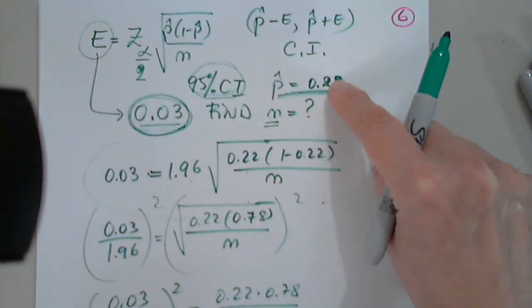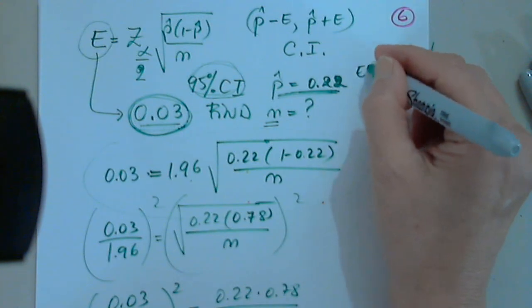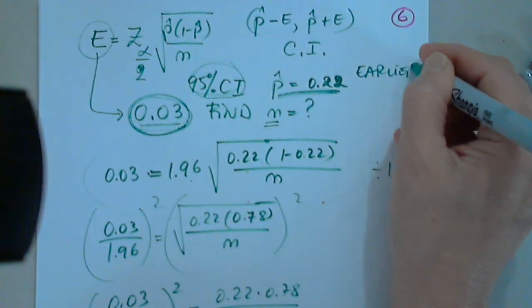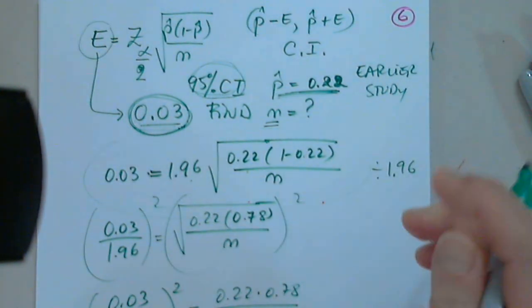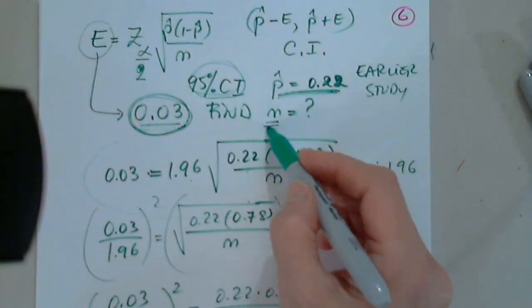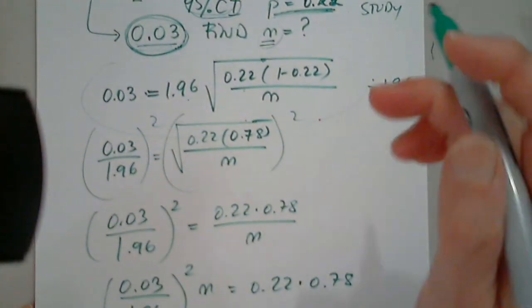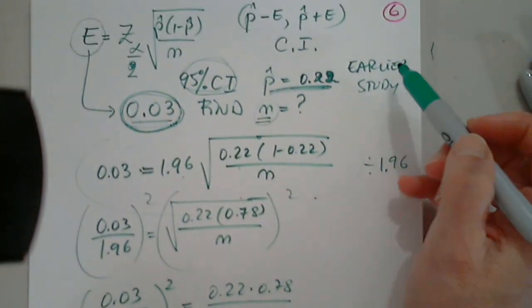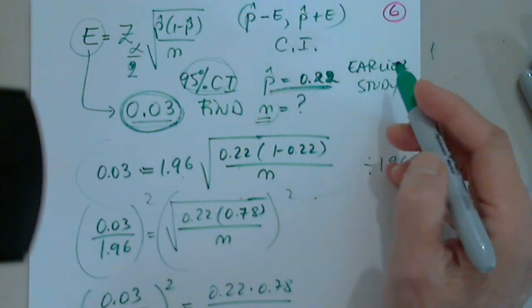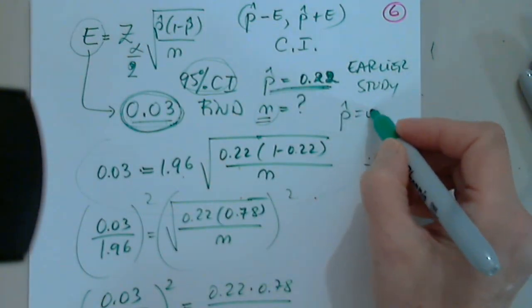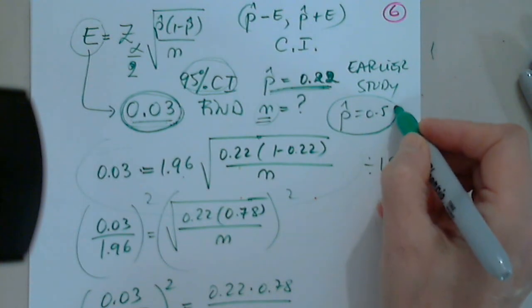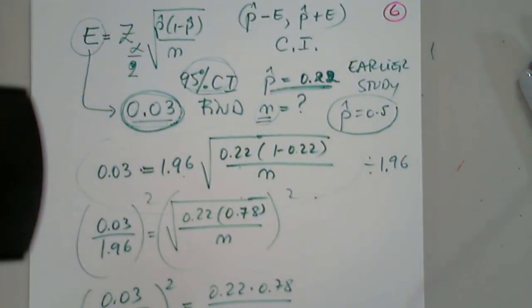How do you have the proportion? From an earlier study. Because I don't have the data, I don't know what the sample size should be. But that was from an earlier study. And you can say, but what if we don't have an earlier study? Then we will consider 0.5 as the first estimate.